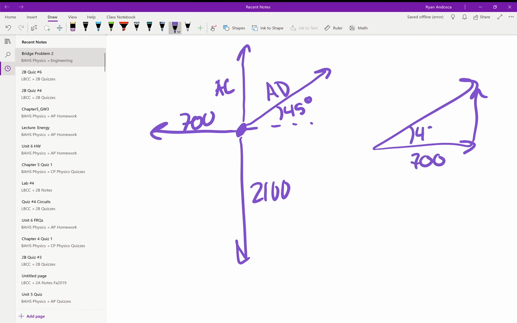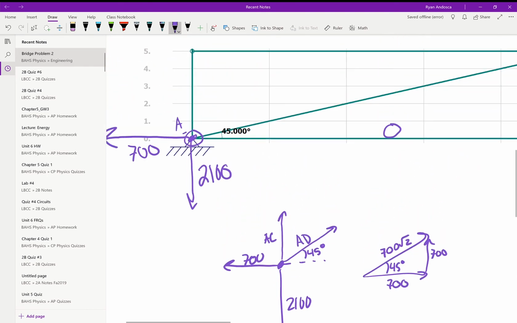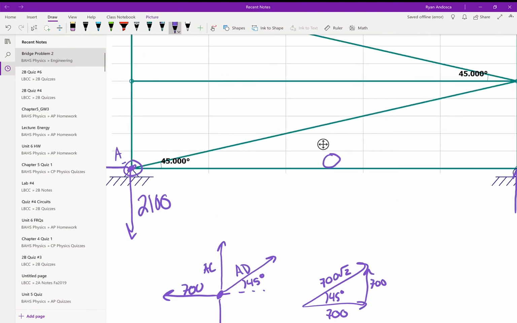And since this is a 45, 45, 90 triangle, that makes the upward part 700, and that makes AD itself 700 root 2. So now I can come up here to AD, and it is 700 root 2. It is going up and to the right, so that means that it is a tension.